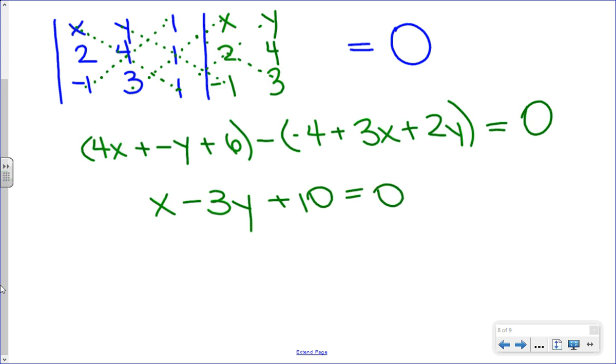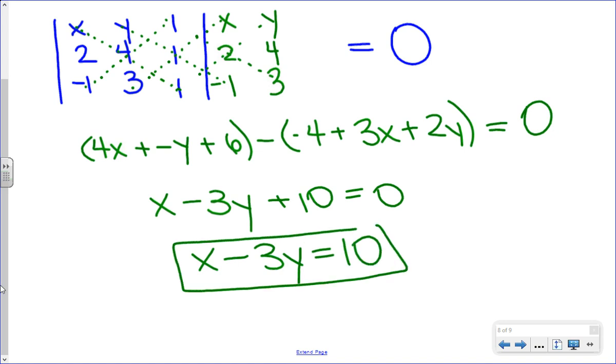We see lines written in two different ways. We either see ax plus by equals c, or we see y equals mx plus b. Do not solve for y equals mx plus b. It is fine to leave it in the standard form where you have ax plus by equals c.